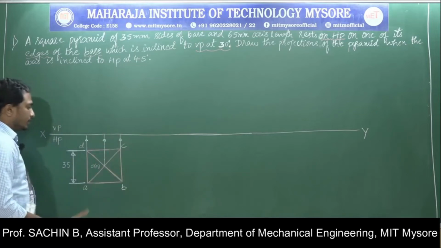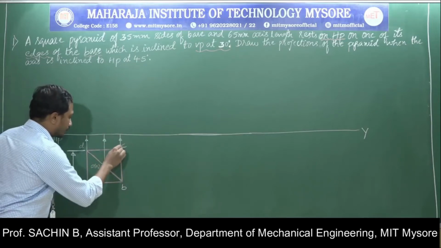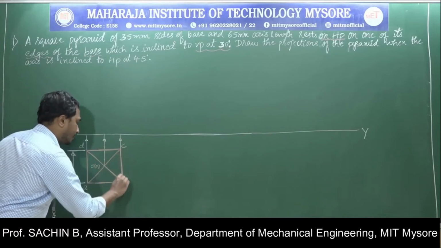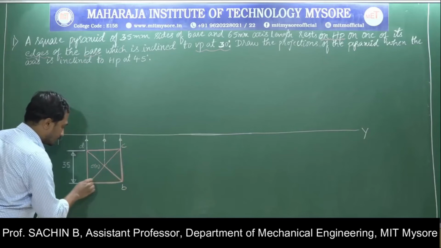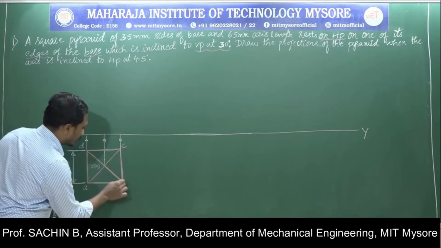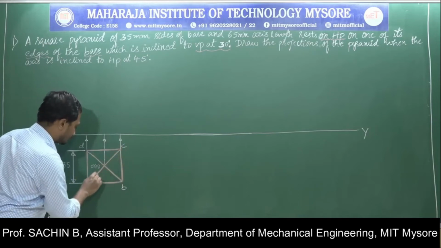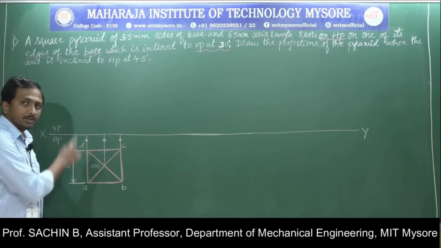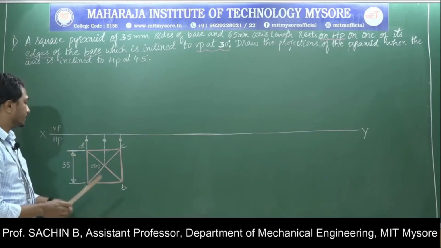One more thing: here I have drawn the top view in pink color, or dark color, because all the edges are clearly visible. In pyramids, in the top view, even the slant edges and also the base edges are clearly visible.